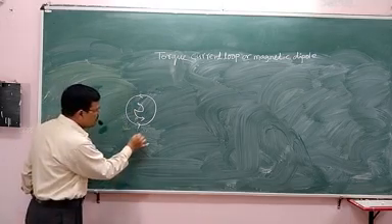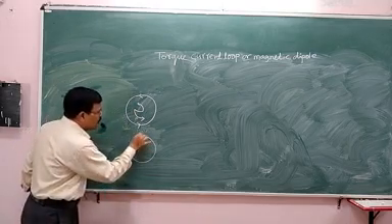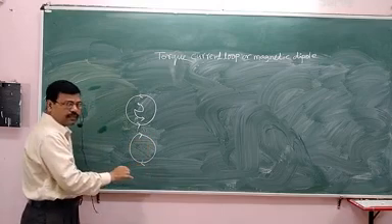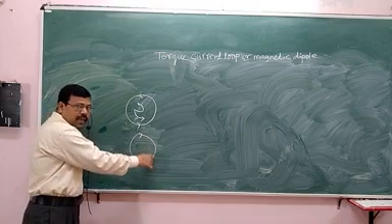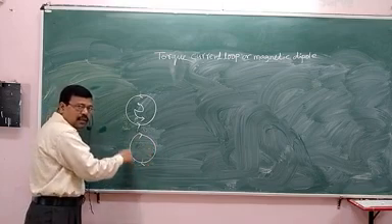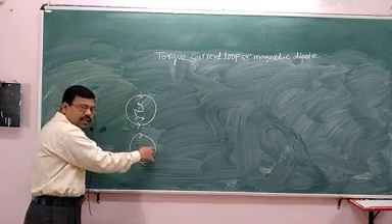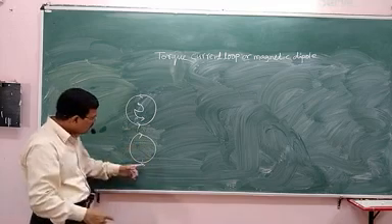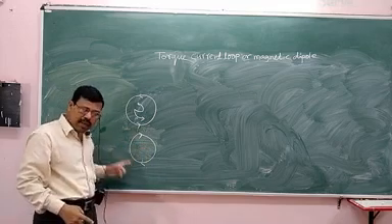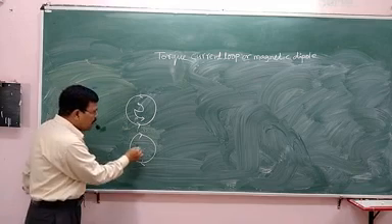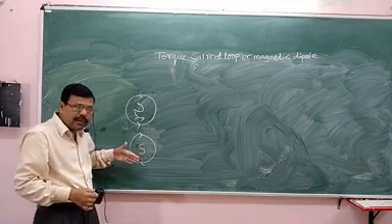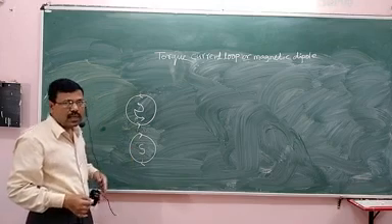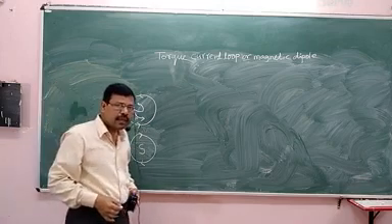If the sense of current is clockwise, this is the sense of current flowing through a coil, through a circular loop. If the direction of current is clockwise, then the upper face of the coil acquires south polarity, and the lower face acquires north polarity.